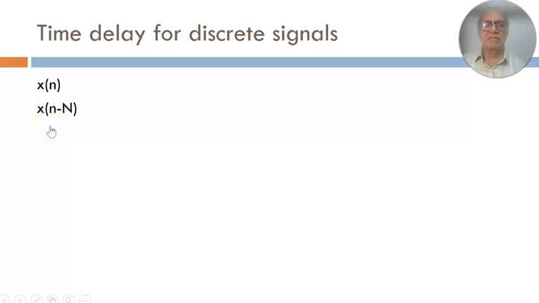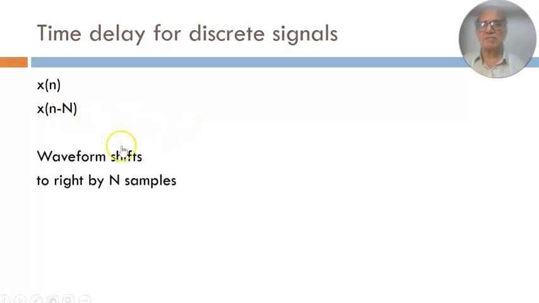As in the case of a continuous time signal, here also the entire waveform will shift to the right. But in continuous time, we said delay was 3 seconds or 3.5 seconds or whatever. In this case, the delay is going to be an integer because it will be delayed by so many samples, capital N samples. And as in the previous case, the waveform will shift to the right by N samples.